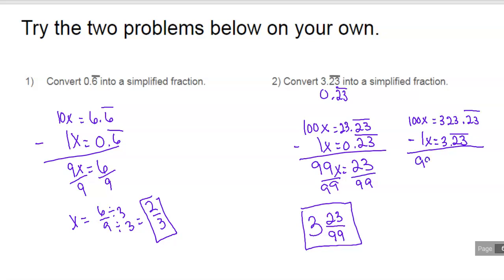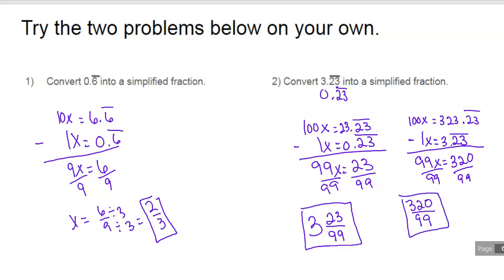So you'll get 99x equals 320. So you would have gotten that x is 320 over 99. So that's the other way you could have done this. And it is, again, still simplified. So either one would be acceptable.